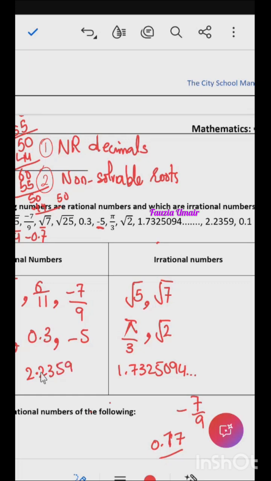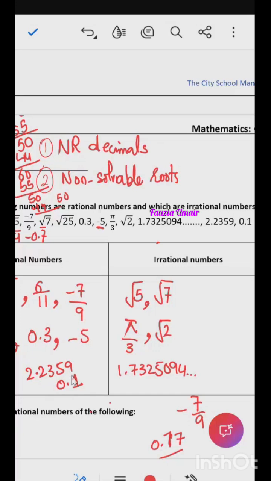Inaya, 0.1 is what kind of number? Ma'am, it is also a rational number because this is also a terminating decimal. Okay? So any confusion in this question? No, ma'am.